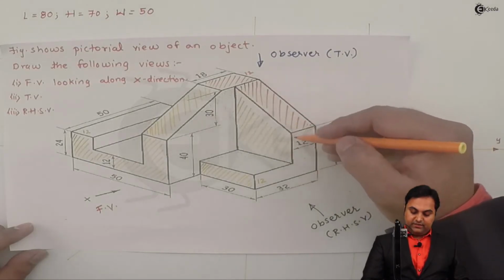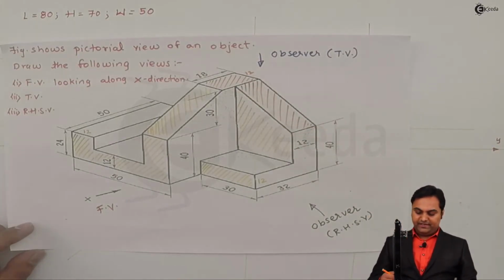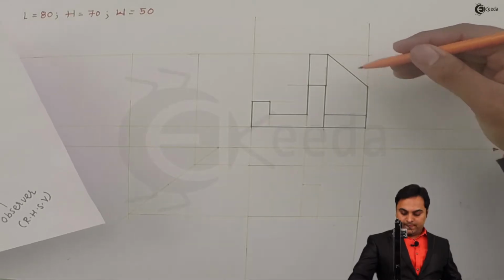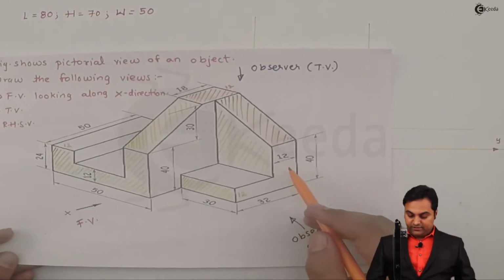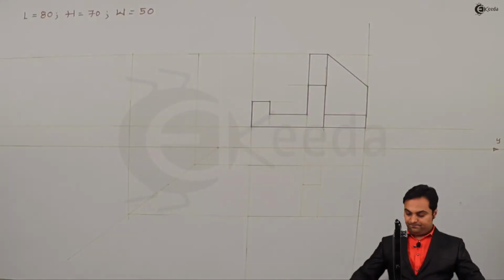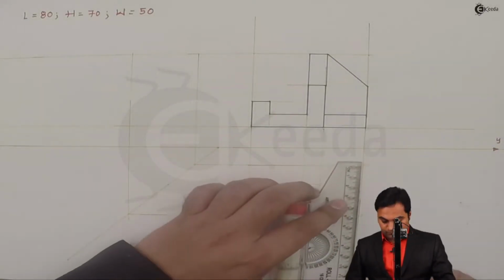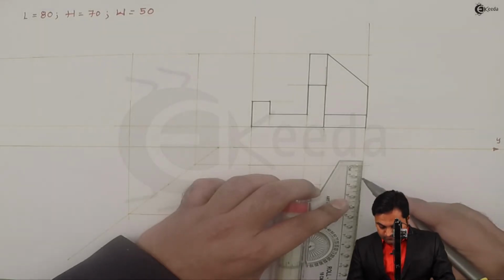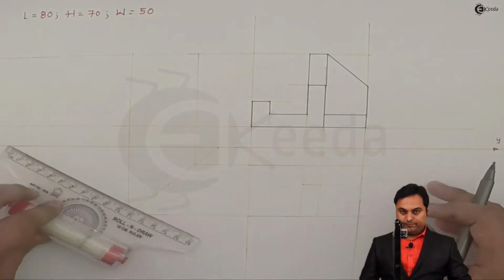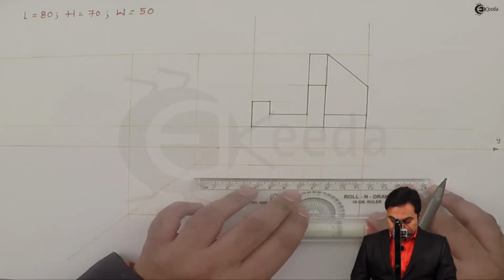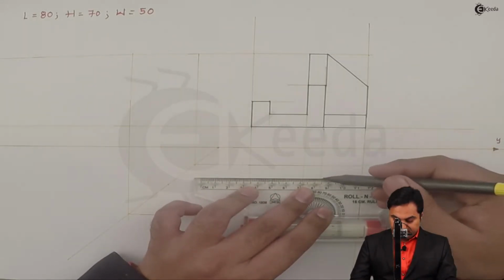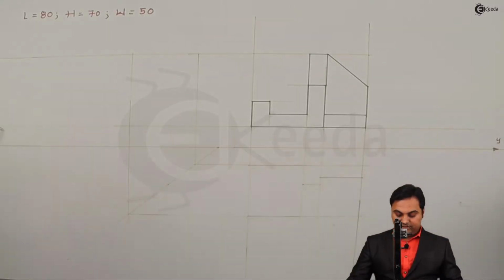Now this rectangle has been projected as a length in the front view. I'll project it down. So here it has been projected and its width is 12 mm. Measuring 12 mm and then drawing a light horizontal line. So here I get that inclined rectangle seen as a straight rectangle in the top view.